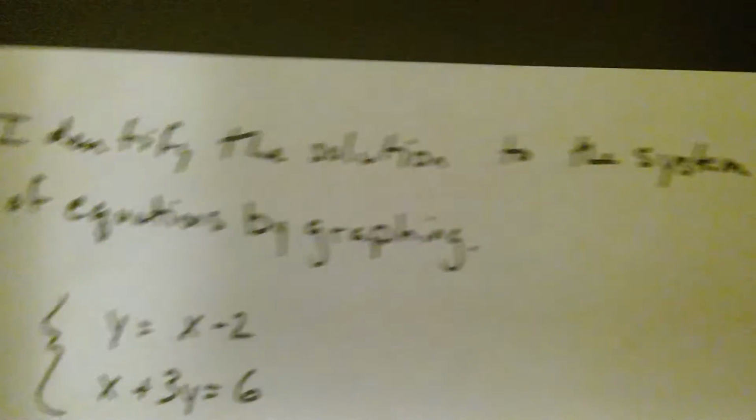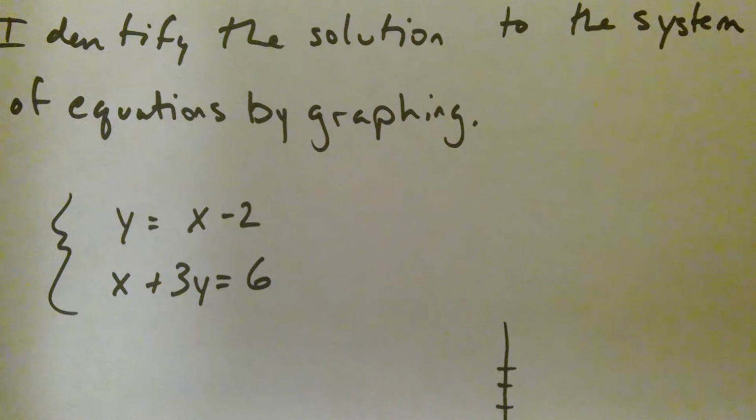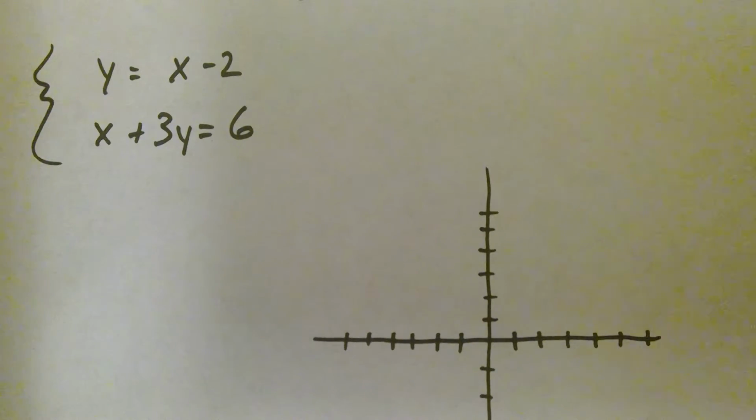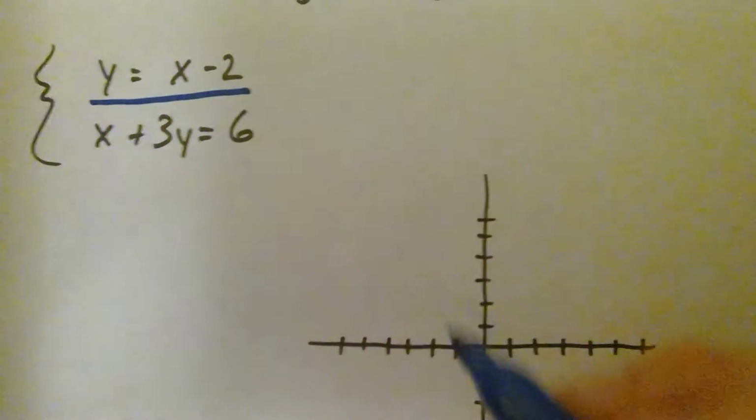So let's go ahead and do some graphing. We spend a lot of time graphing lines in class, and we're going to graph a few more. Let's start with our top line. That is in slope-intercept form. We'll have that in blue here.